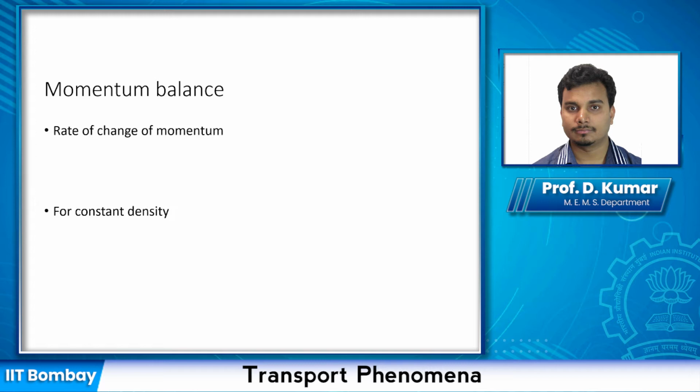As usual, we'll look for terms: accumulation equals in minus out plus anything else, such as external forces. Let us first look at the accumulation, which you can call the rate of change of momentum of your control volume.